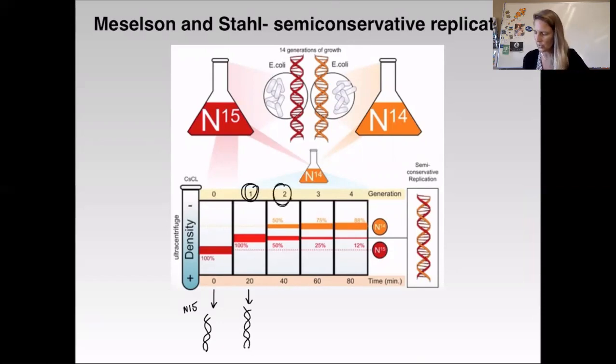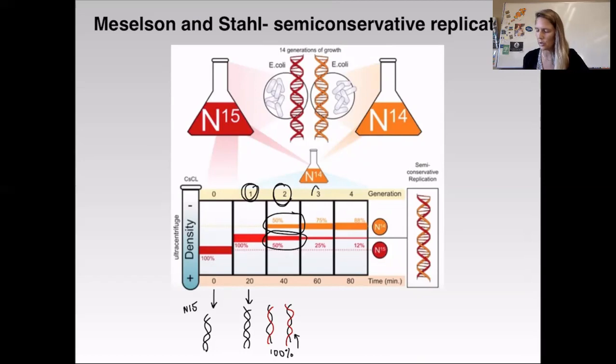In generation 2, you can see that 50% of the DNA is N14 and 50% is N15. So what that means, again, is that the DNA separated and 100% of the DNA is in this hybrid form, right? Giving us 50% N14, 50% N15.